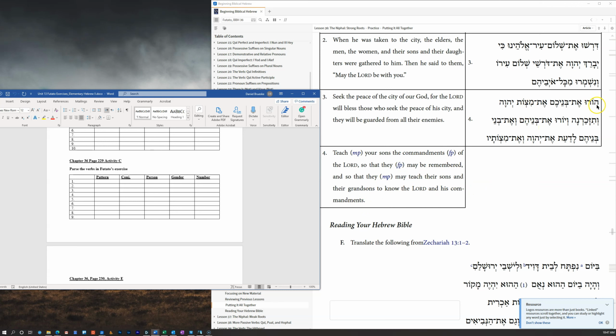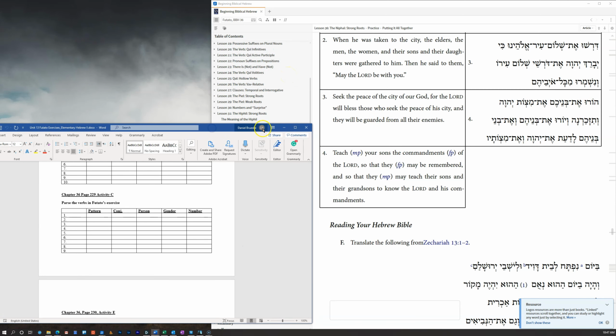Now I want to go back and check horu and figure out, could this be either what we decided here, Niphal imperative 2MP, or could this be Niphal perfect 3CP? Let's go back here to the Niphal.